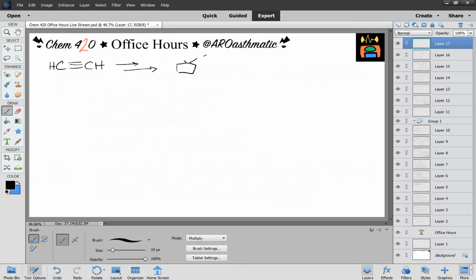Hang on. I'm going to draw this a little better. There we go. All right, so let's synthesize this molecule.